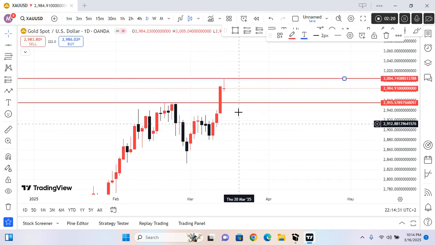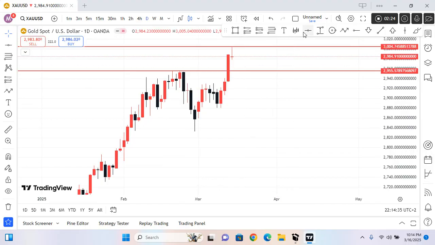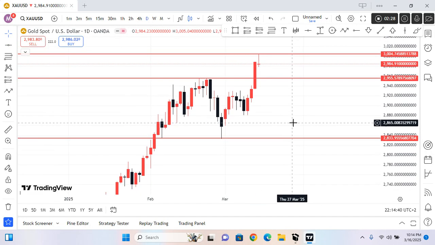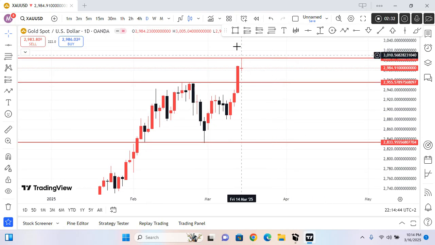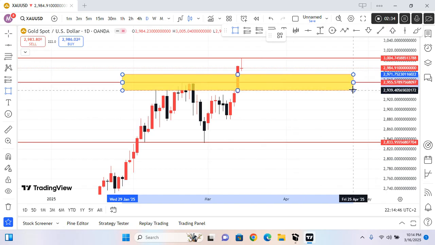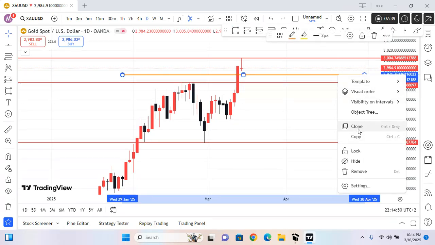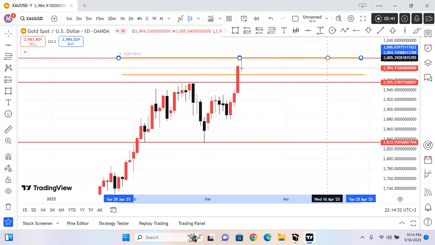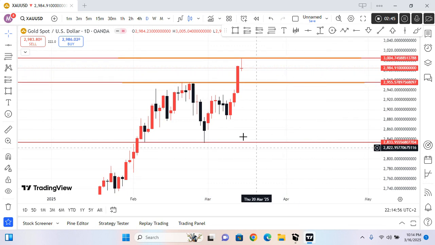We mark our current high, this is the zone, and this is the current low. We don't want our chart to be messy, we want our chart to be clean. So now I will also highlight my zone with this yellow line and this one right here so that we can know where we are playing.